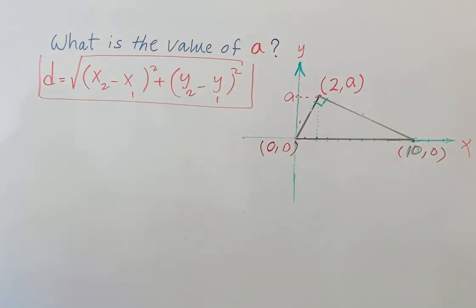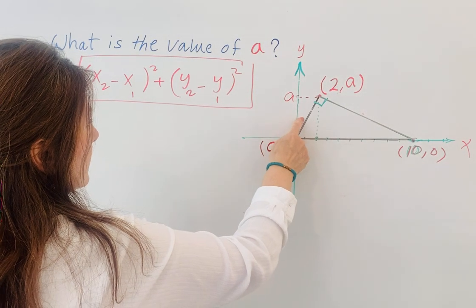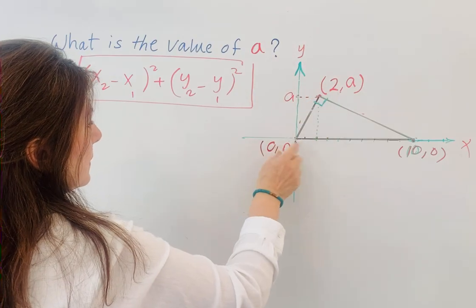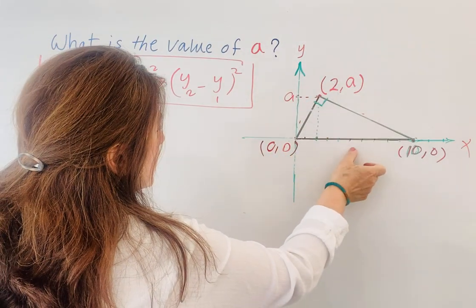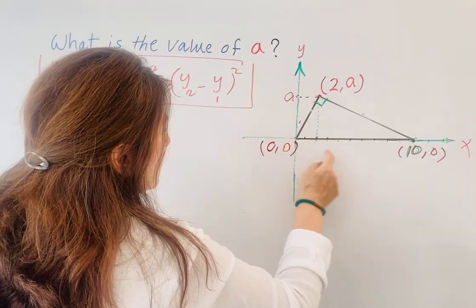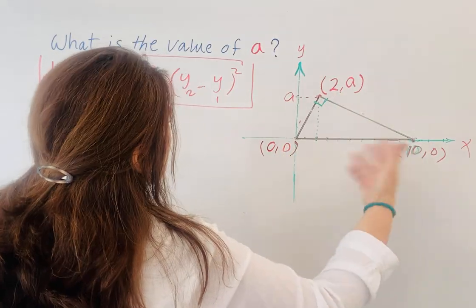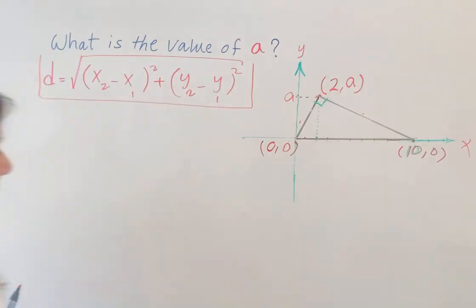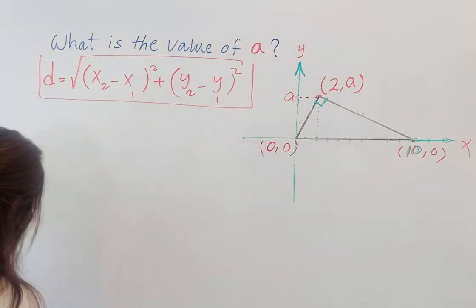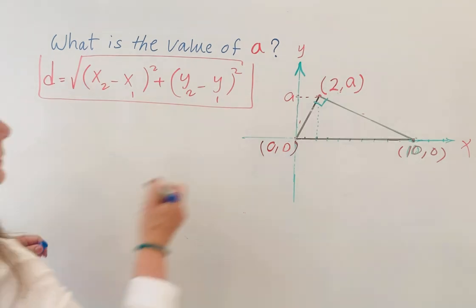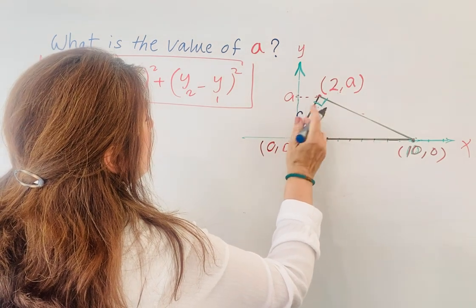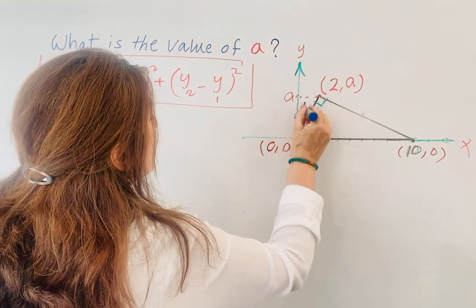If we find this side from these 2 points and this side from these 2 points, we can use the Pythagorean theorem.